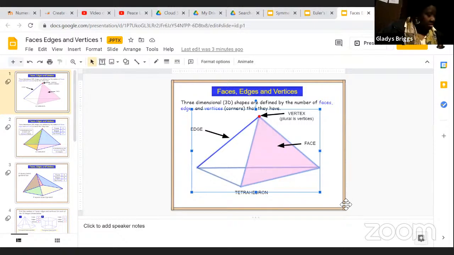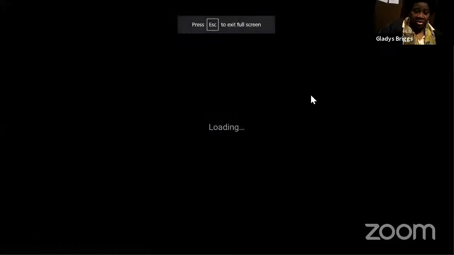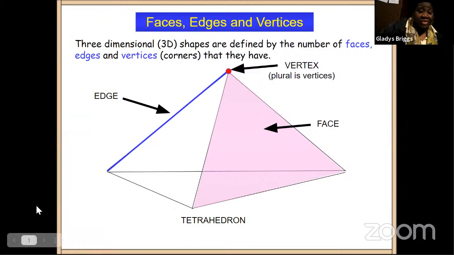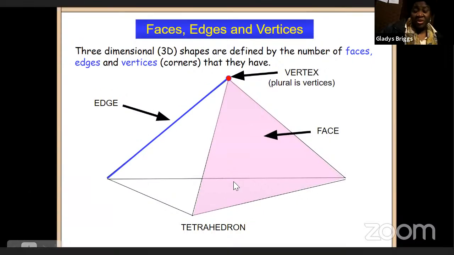So that's it. Let me present that to you guys. So you've got the edges, the vertices, and the faces on your 3D shapes. And this is a tetrahedron. This is what we call a triangular base pyramid.